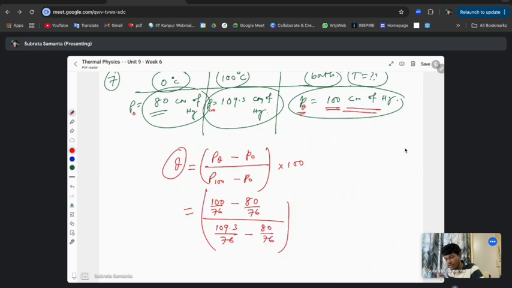Equivalently, this is 100 minus 80 over 109.3 minus 80, times 100.